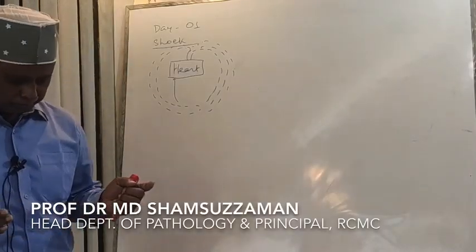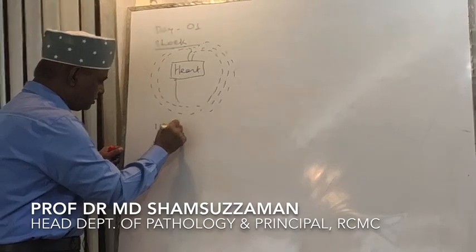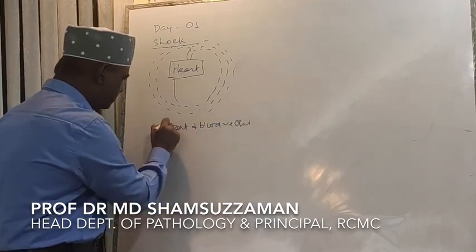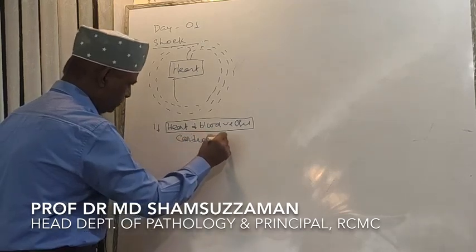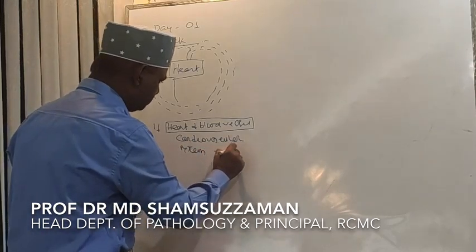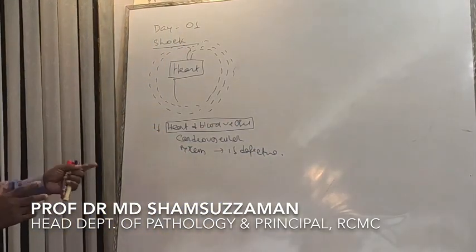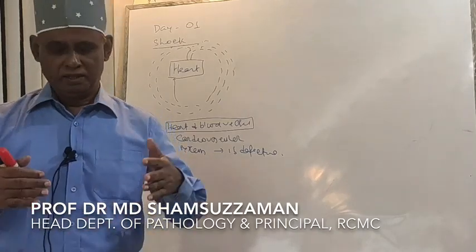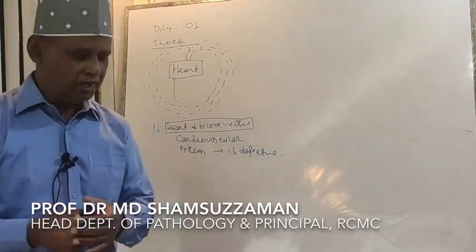Dear audience, the heart and blood vessels, that is the cardiovascular system. If the cardiovascular system is defective, what will happen? There will be disturbances in the carrying of blood through the tissue properly.